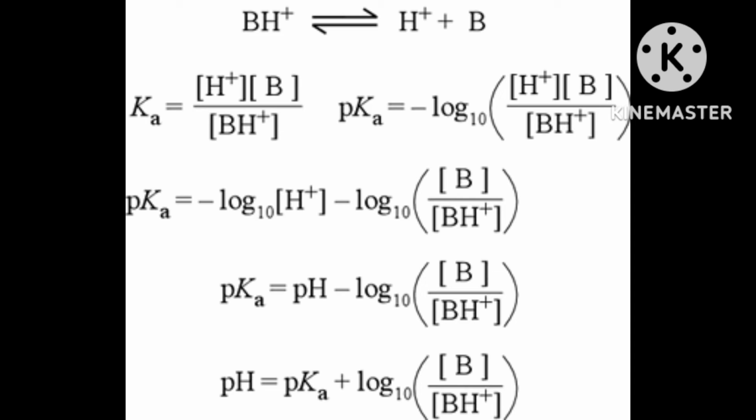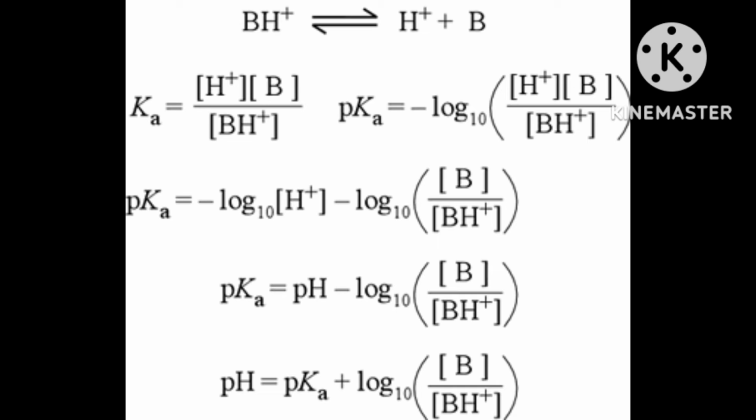Therefore, the pH of the buffer solution formed by acetic acid and sodium acetate taken in equal molar concentration, both you have to take in equal molar concentration, will be around 4.76.